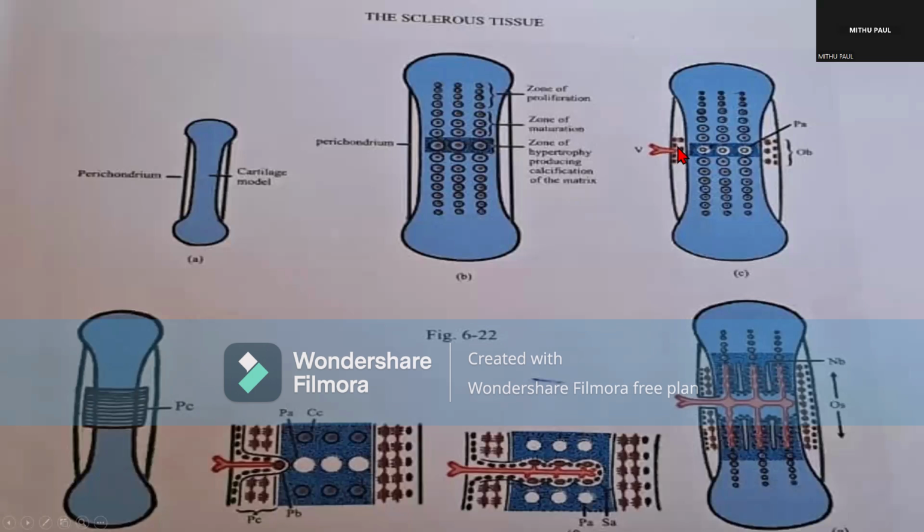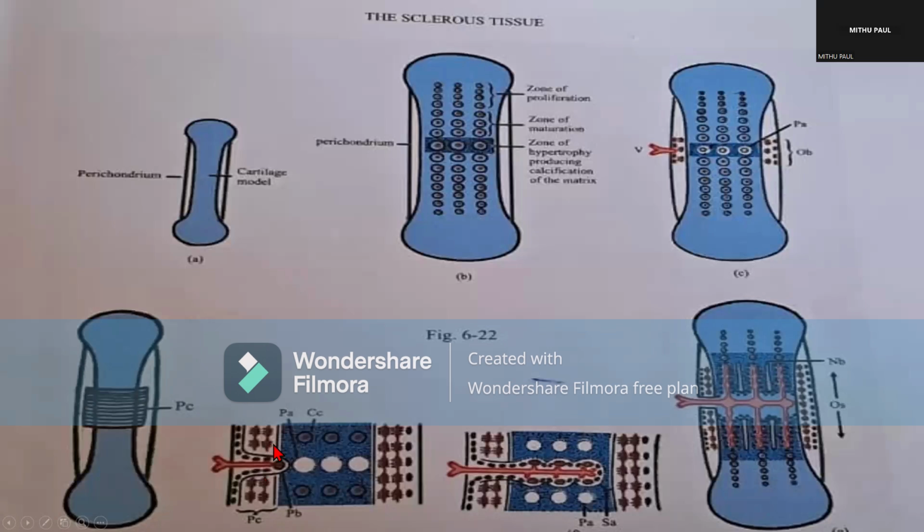These osteoblasts surrounding the vascular model proceed underneath the perichondrium, which is now changing its name to periosteum. At the same time, they invade inside this mature calcified layer of the cartilage cells, forming the areolae, or the primary areolae.